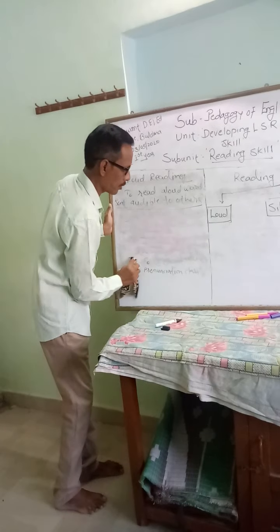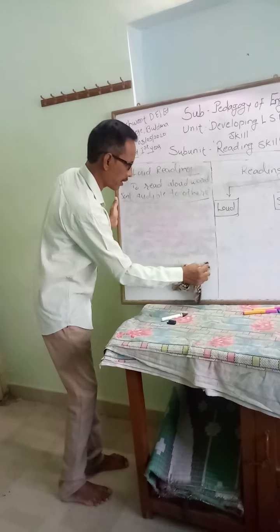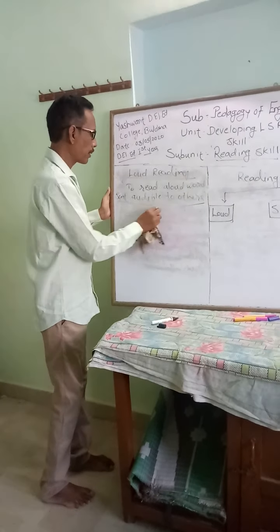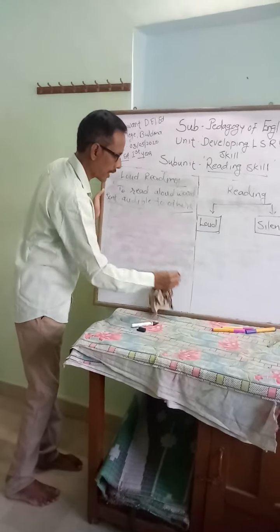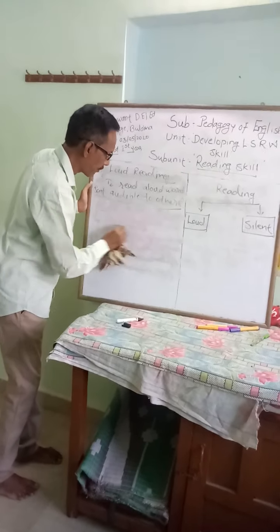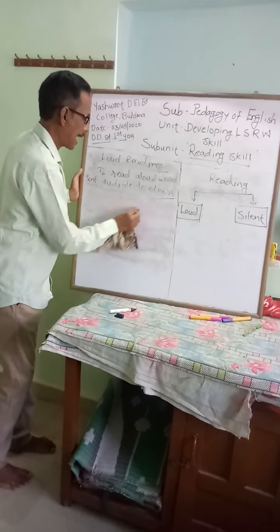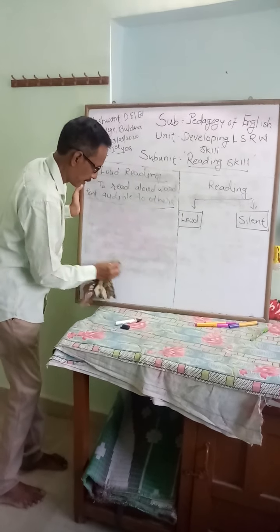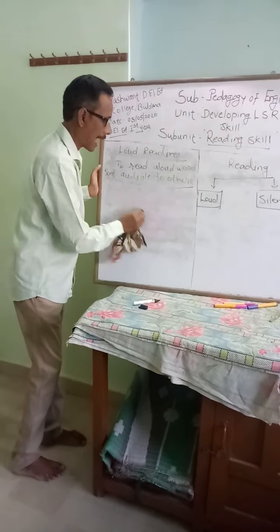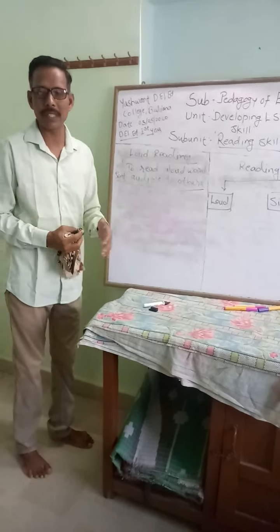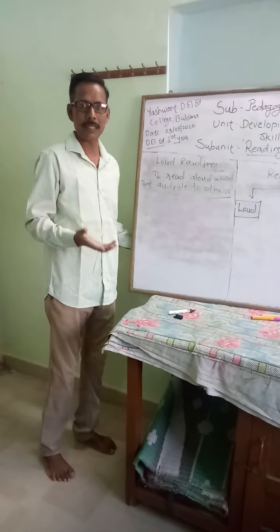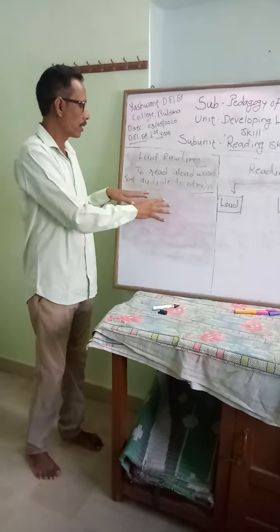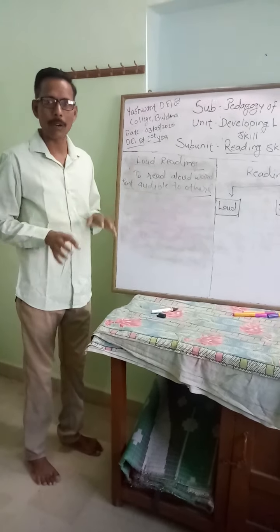Now in loud reading you may also add some points, that by loud reading you can verify the students' ability of reading with proper accuracy. Means tone is there, intonation is there, pronunciation is there. So there are so many points you may add in the purpose of loud reading.